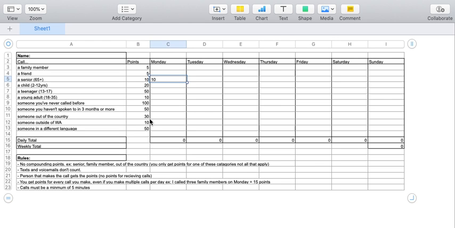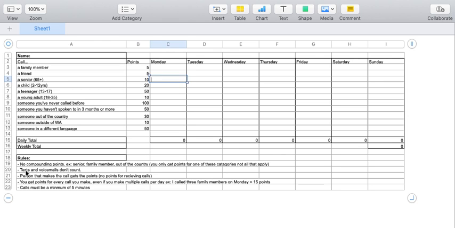Same thing if they're out of the state of Washington, you get 10 points for that instead of 5 points. So you do get points for every person you call, but you cannot apply multiple points for a single call. You only get to put those points in for a single category over here.